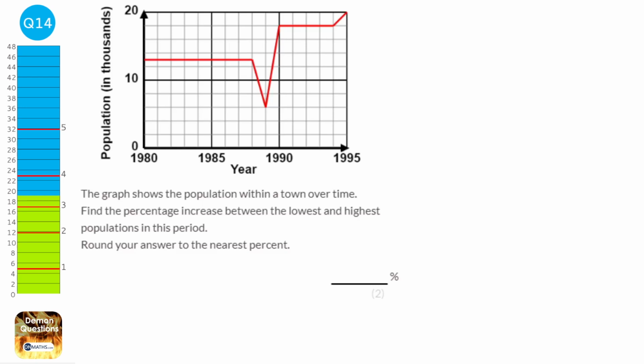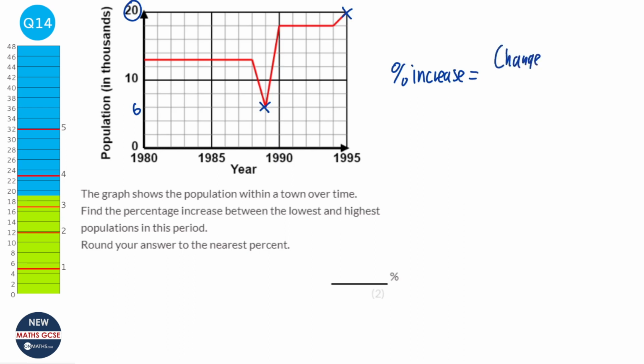The lowest point on this graph is here, and that's at point 6, and the highest point is here at point 20. And we're looking for percentage change or percentage increase, and the formula is change over original times 100.